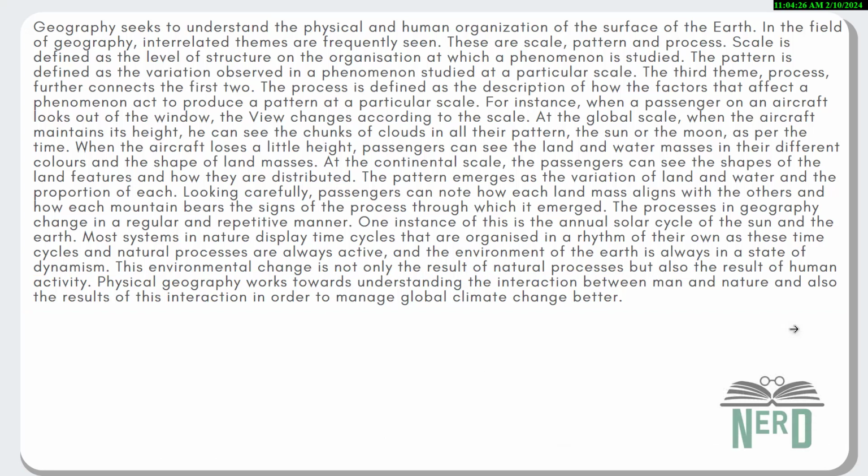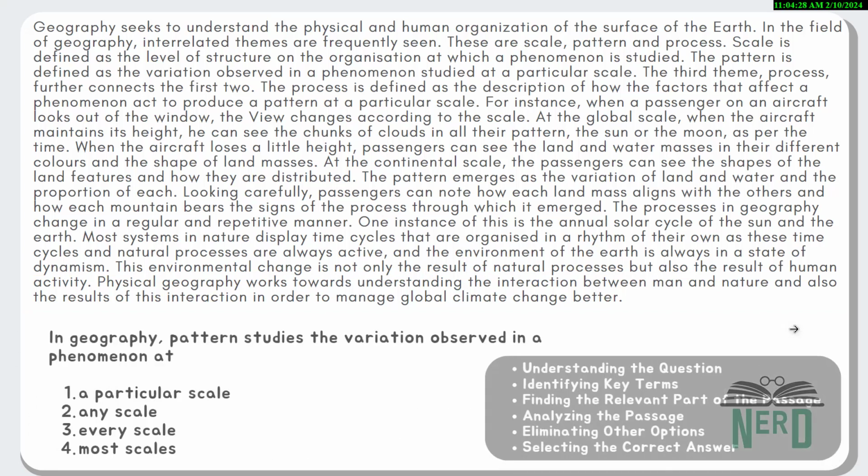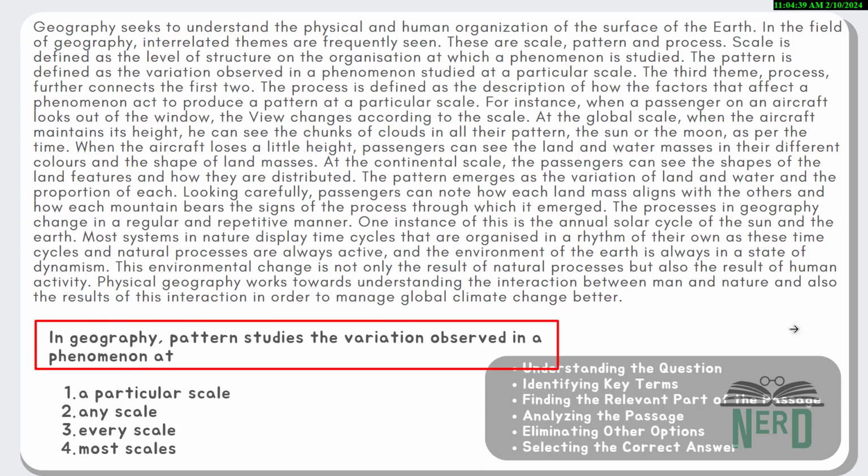Let me tell you the next question, which is talking about what geography pattern is, right? So first of all, what is our step? To understand the question, right? So the question asks about the scale at which pattern studies the variation observed in a phenomenon within geography, right?